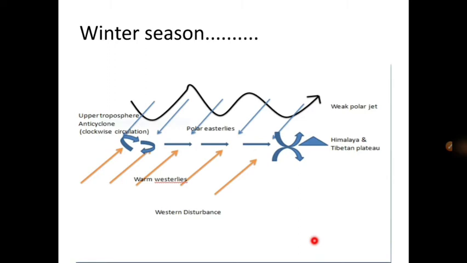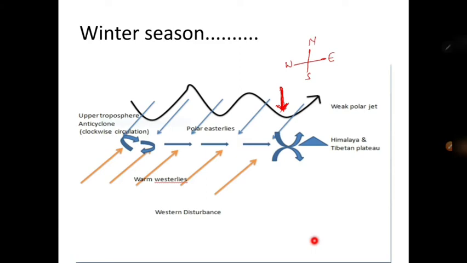You can see here when these pressure belts move towards south, you can see east, west, north and south. When the sun is moving towards south in the southern hemisphere, the pressure belt together with westerlies will shift toward south.